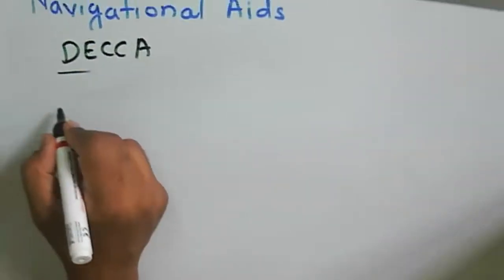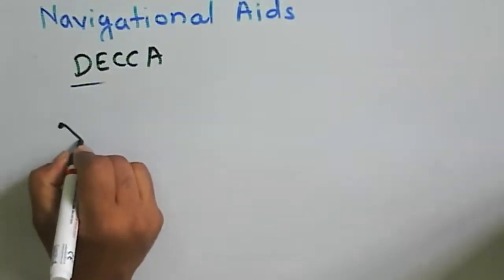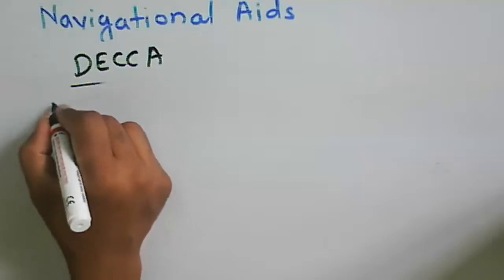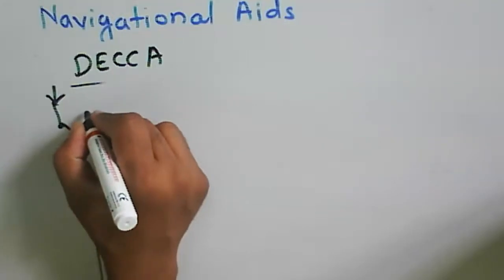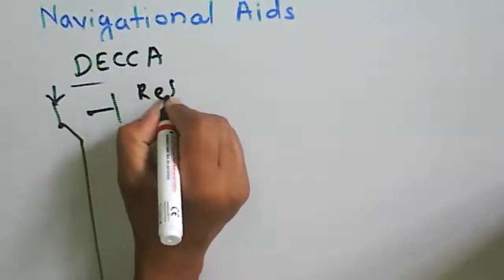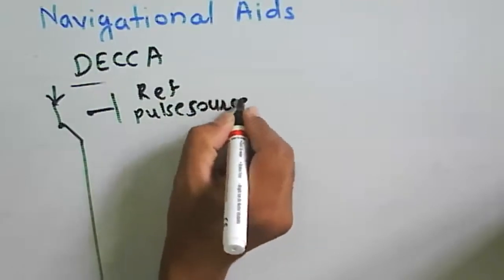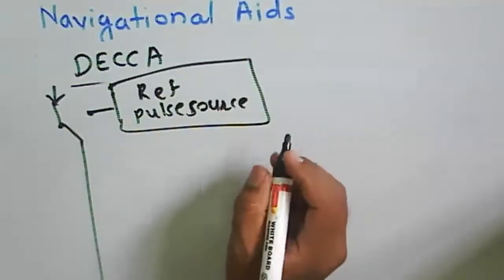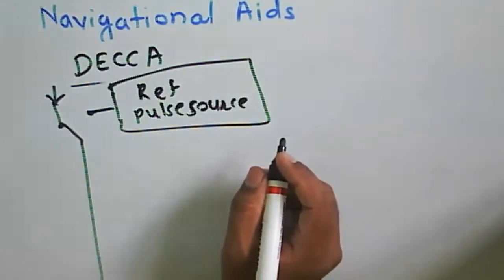For example, we consider here the reference signal, that is the reference pulse source, which is used for the master.